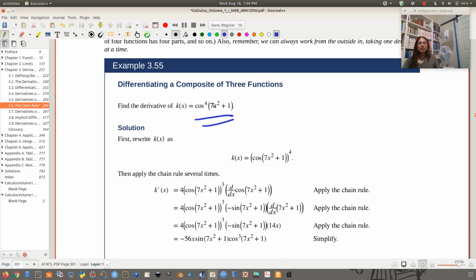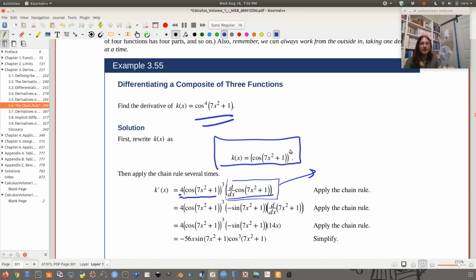So k prime becomes, bring 4 down here, keep the whole thing as is, to the power n minus 1, which is 3, times the derivative of cos of (7x squared plus 1). So this part is done, only this part is left. Now this is cos of this function, and you know how to do this one. So do another chain rule on this one.